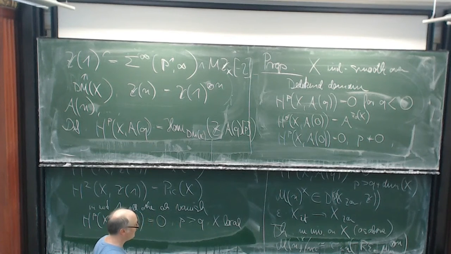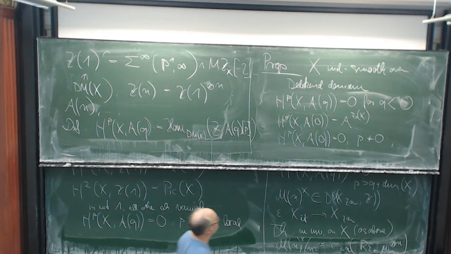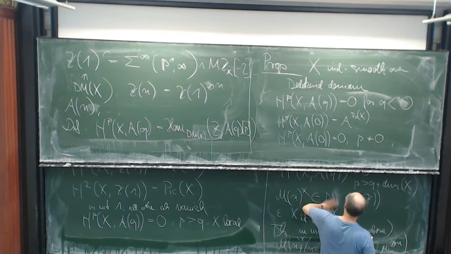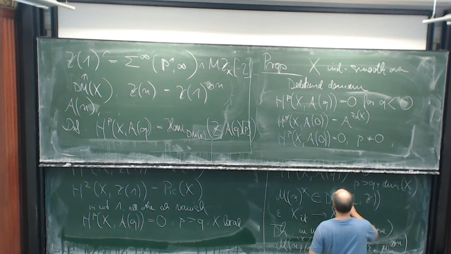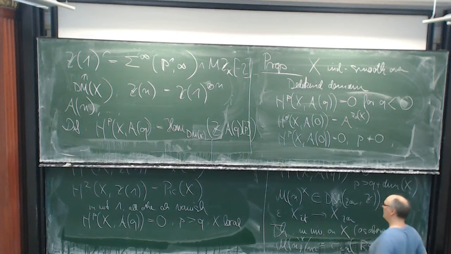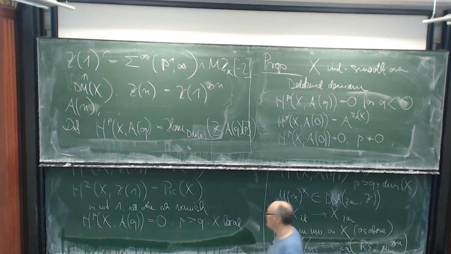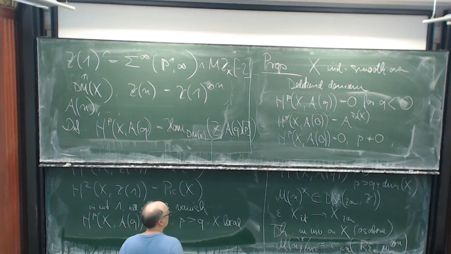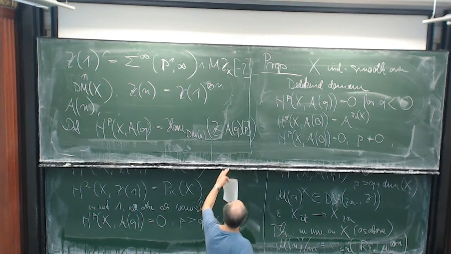Can you say again what is Z(n)? Yeah, this was a little bit unclear, I admit. You have the motivic Eilenberg-MacLane spectrum, MZ. This is a P1 spectrum.